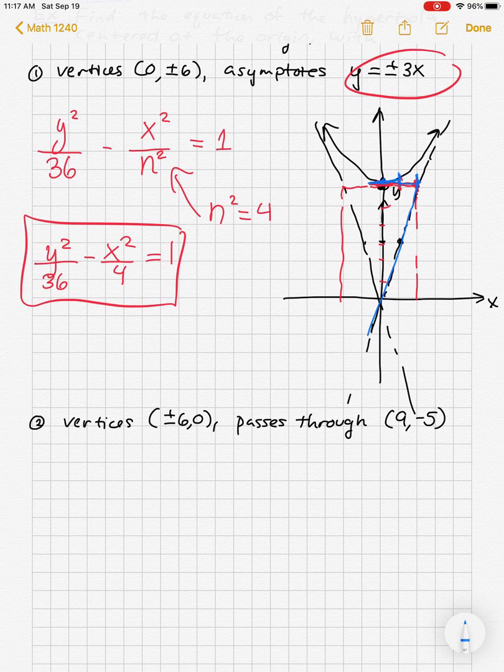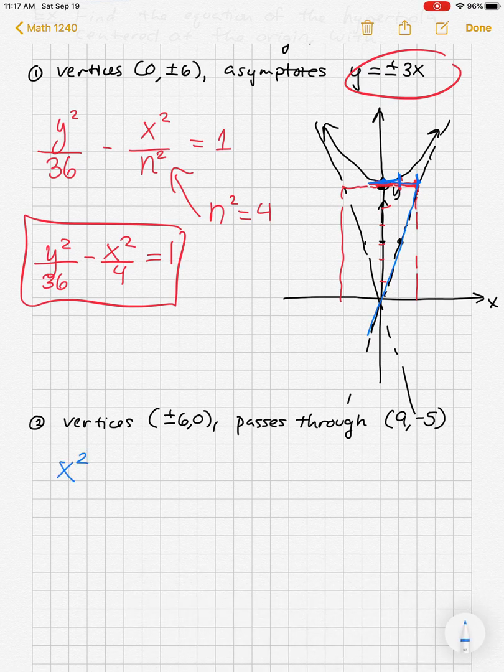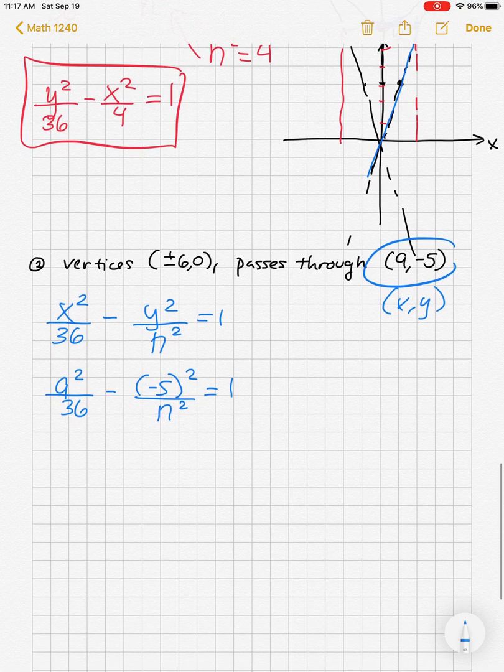What about something else? Find the equation. Here are the vertices. So this one's an x squared over 36 minus a y squared over n squared. Now this one gives you a point, an xy pair. So in this case, I would just plug the xy pair in and solve for the missing variable. Okay, so then 9 squared is 81. Divide by 9, 9/4.